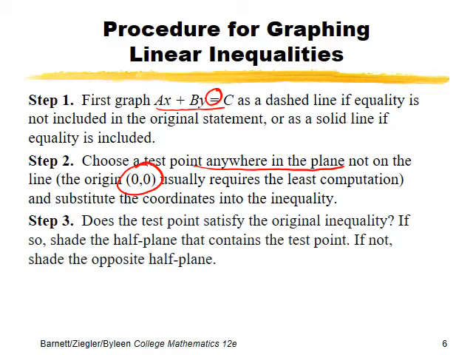For example, I will solve an example here instantly. Let's say x plus y less than 1. In the first step I put it equal to 1. Now in step 2, I choose the test point 0, 0.